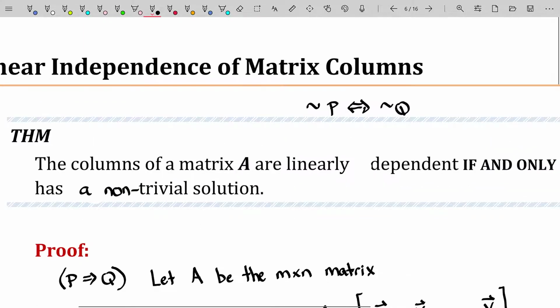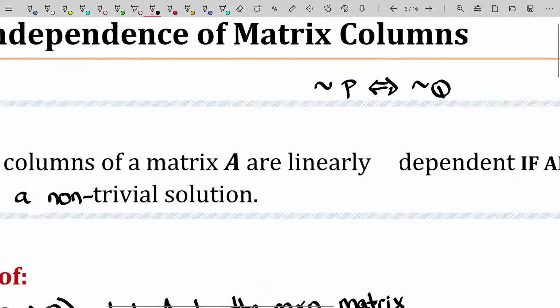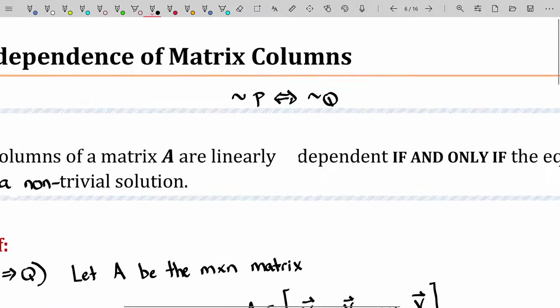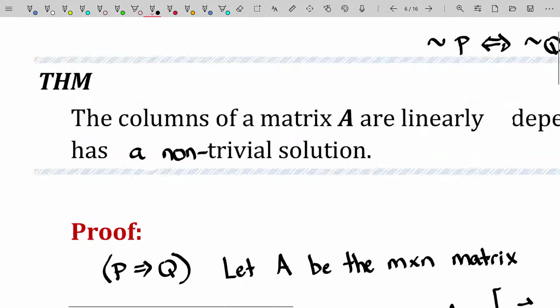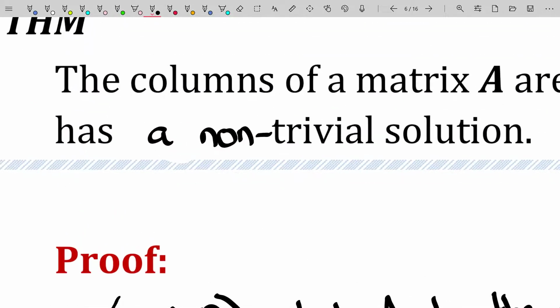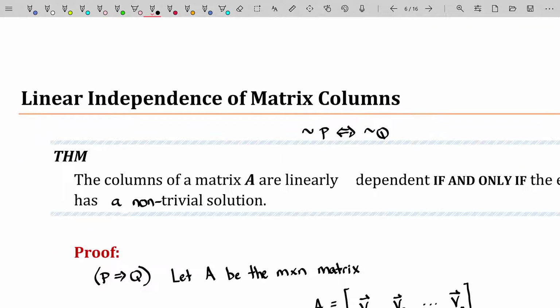The opposite of being linearly independent is linearly dependent. The opposite of saying Ax equals 0 only has a trivial solution is Ax equals 0 has at least one non-trivial solution. So this is another showcasing of the fact that every theorem is a two-for-one: the theorem itself and its contrapositive.